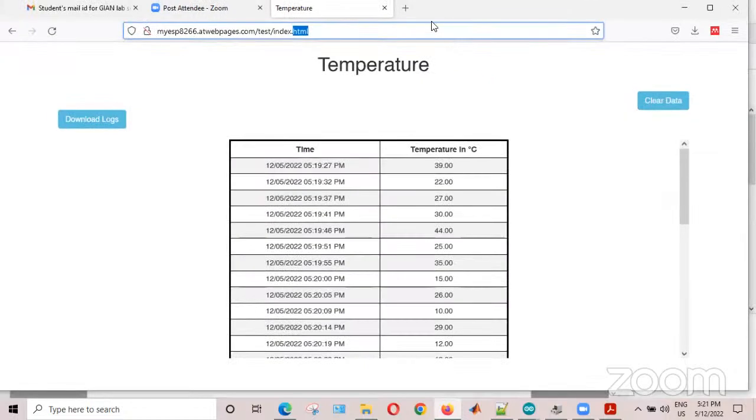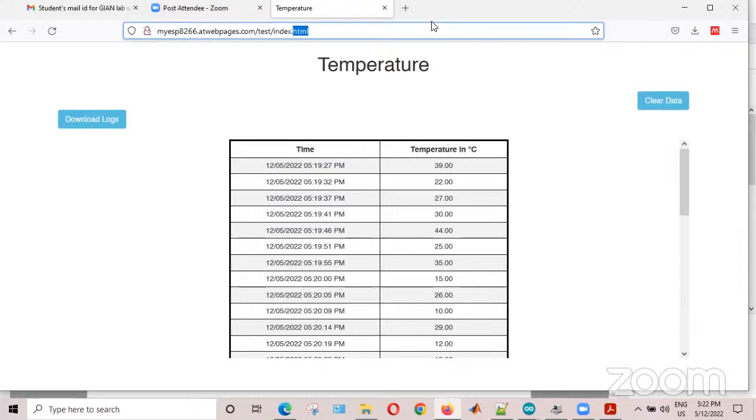In other applications, we can create Node MCU as a server, and using our own mobile phones or laptops, we can log on to our Node MCU.